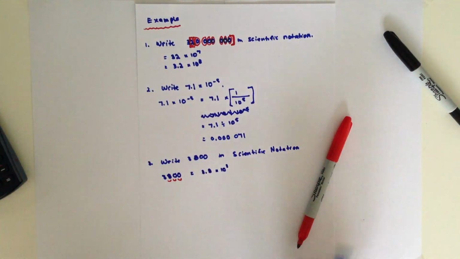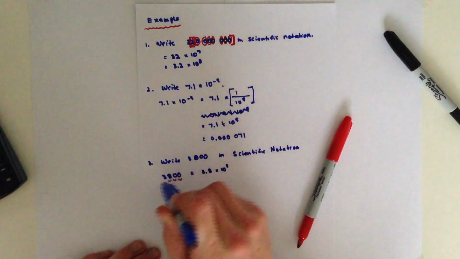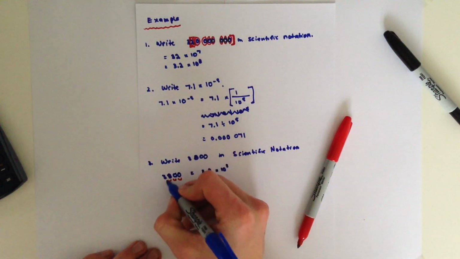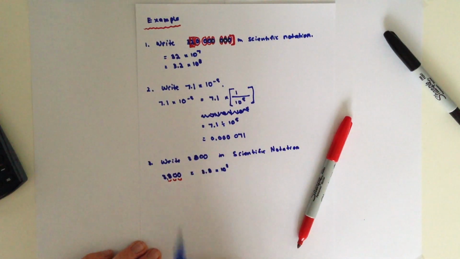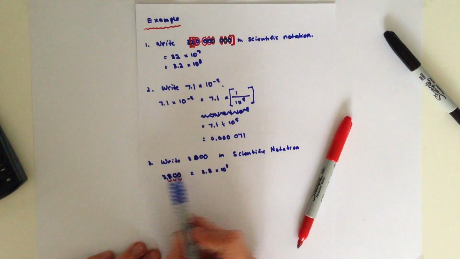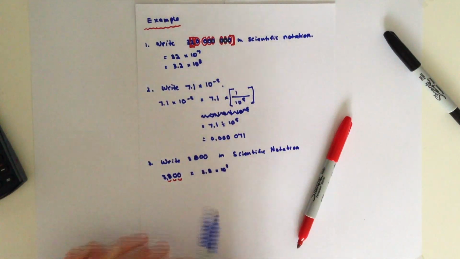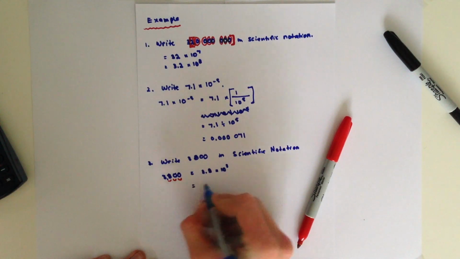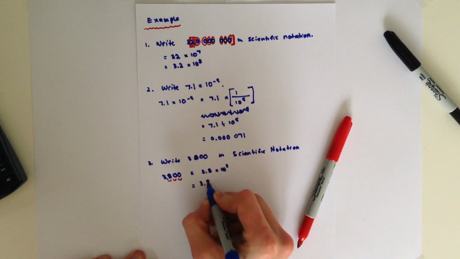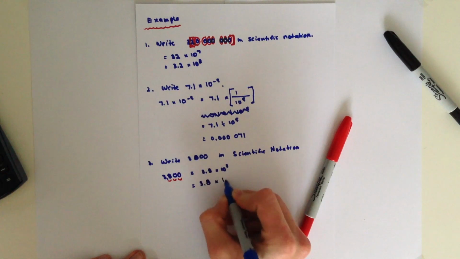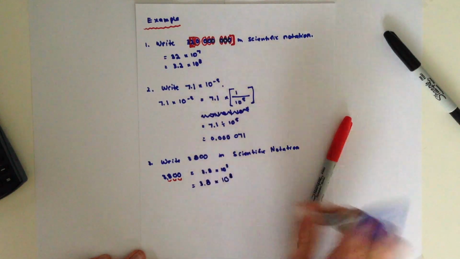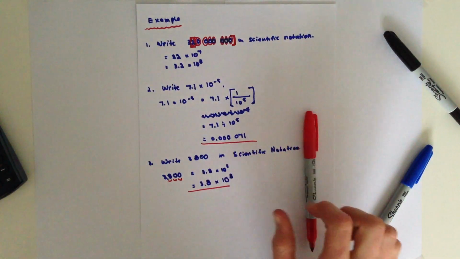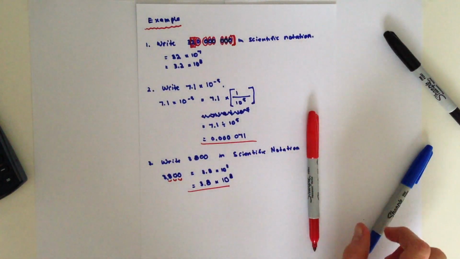Again, you place the decimal point behind the first digit, and you take the number of digits that's behind it and add it to a power of 10. So that's 3.8 times 10 to the power of 3, I'll write it a bit clearer. That's the answer. Now we'll do absolute values.